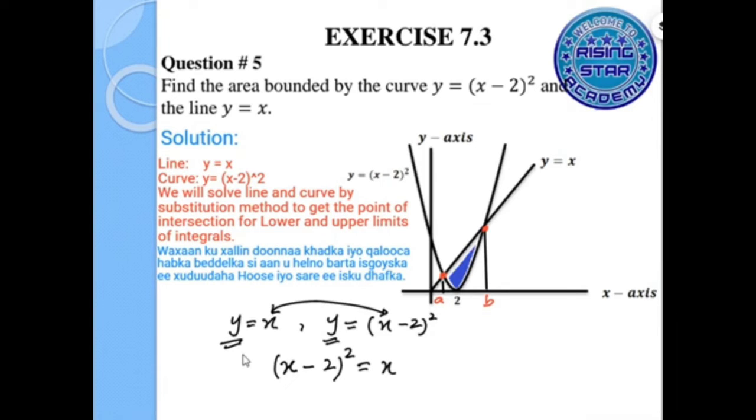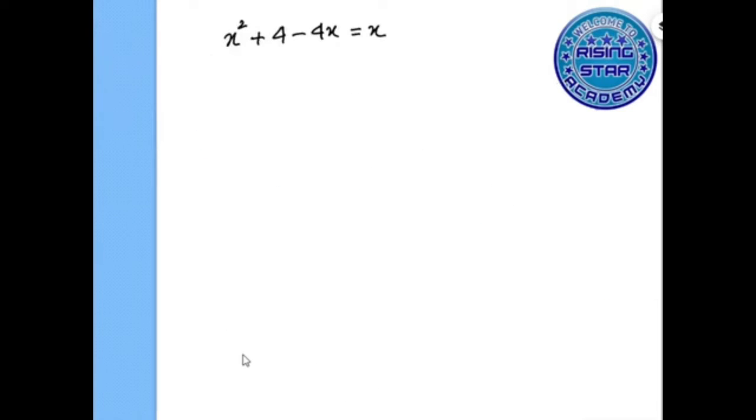So now I would apply the formula, so that would be x square plus 4 minus 4x is equals to x. Okay, so we have x square plus 4 minus 4x minus x is equals to 0. x square minus 5x plus 4 equals to 0.